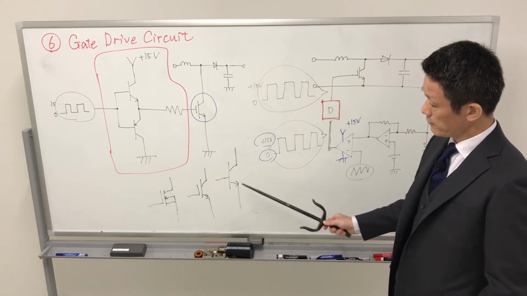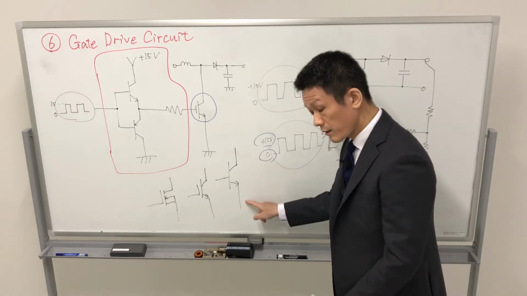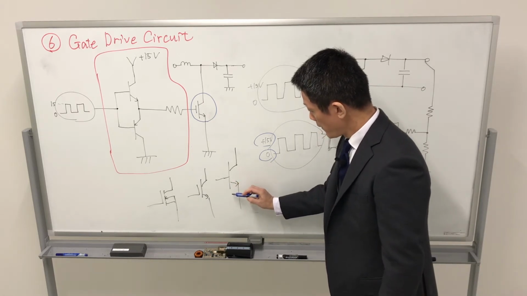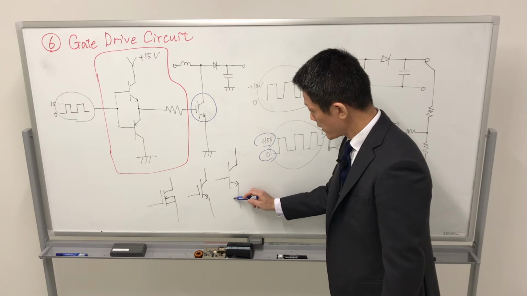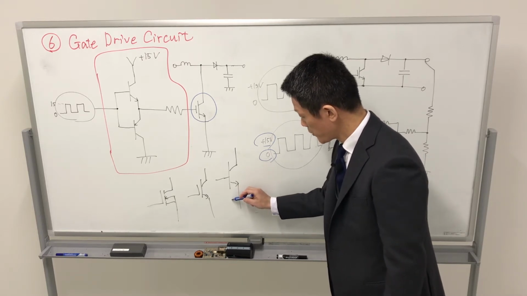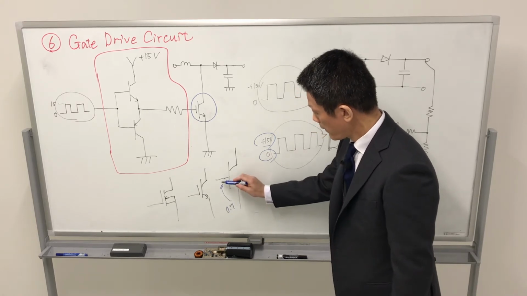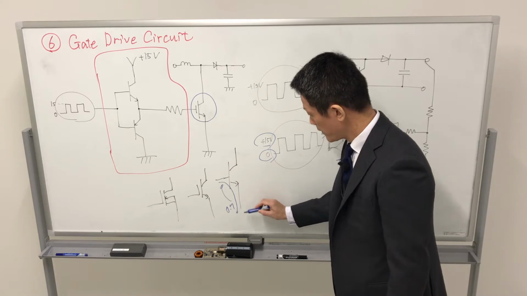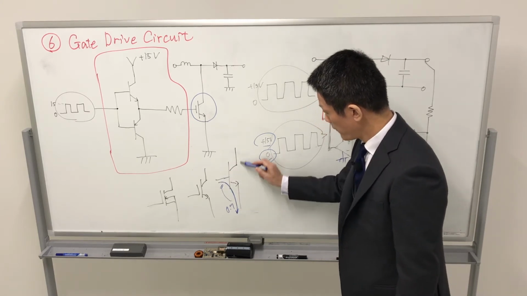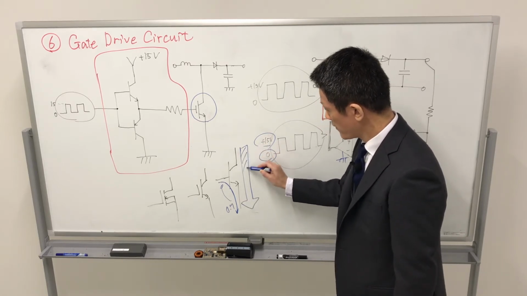For turning on this switch, input the PN junction voltage. When the PN junction voltage is over 0.7 volt, current flows through and turns on this switch.